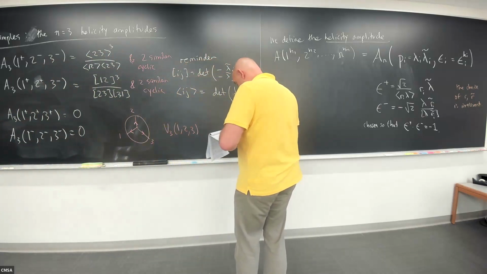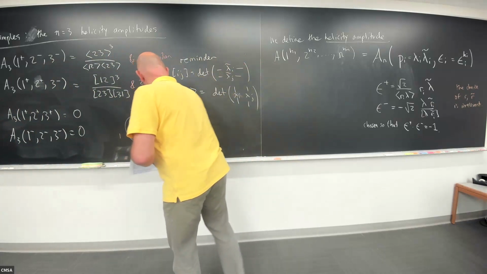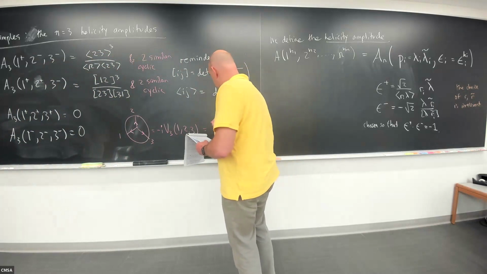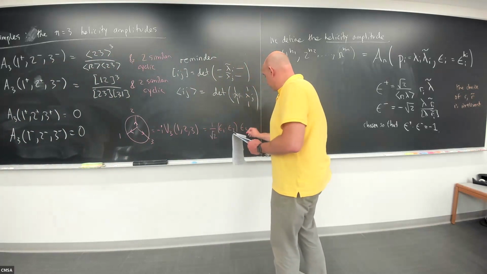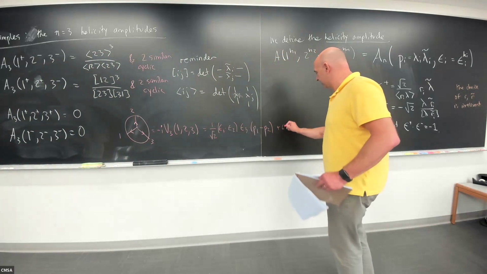To be precise, I even have it written out here. It's minus i V3, which if you work it out, comes to 1 over root 2 epsilon 1 dot epsilon 2 times epsilon 3 dot (P1 minus P2), plus cyclic.